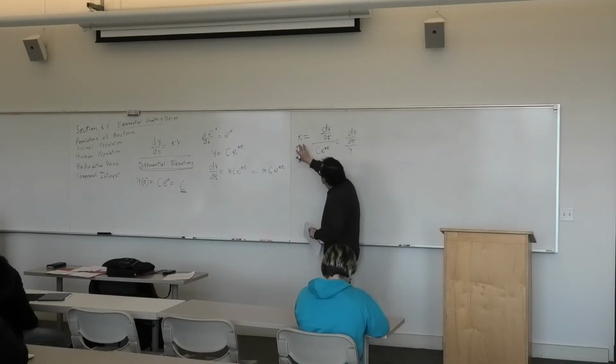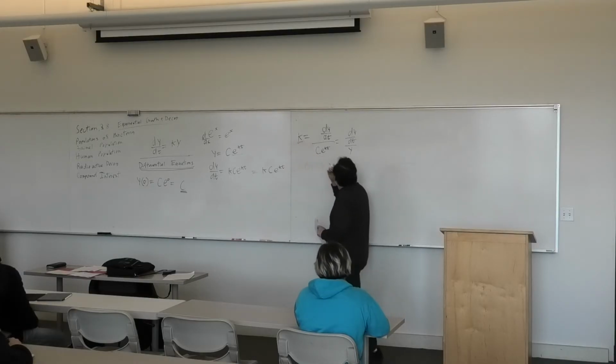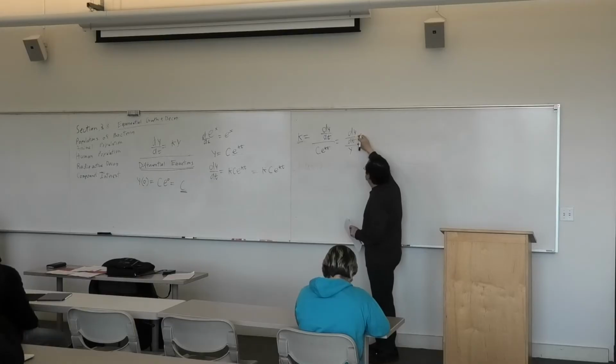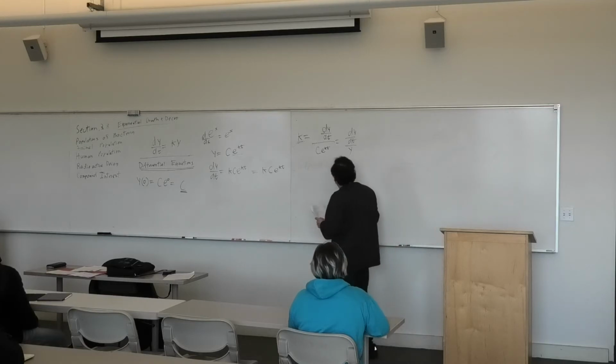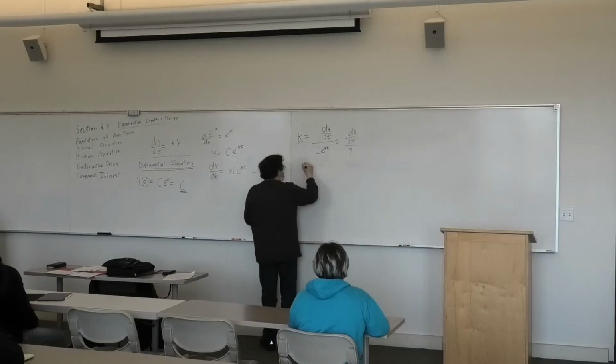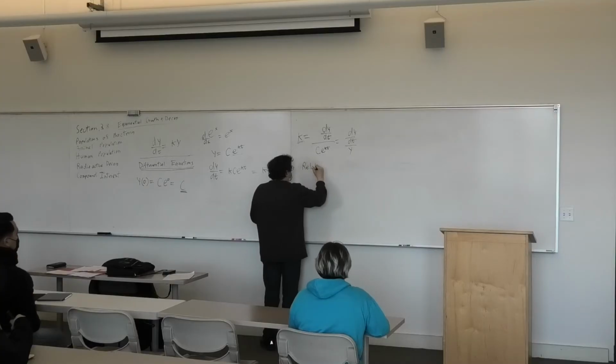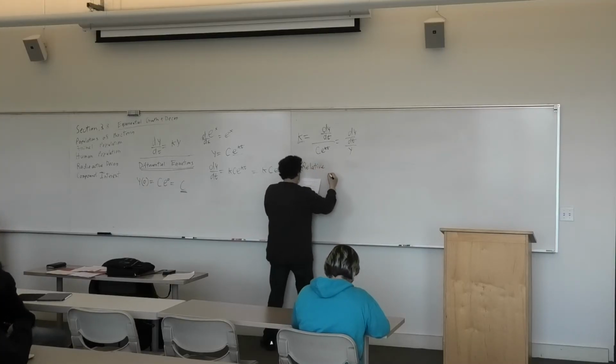So k, this constant k here, represents the growth rate at a certain time divided by the value at that time. And we give that a name. It's called the relative growth rate.